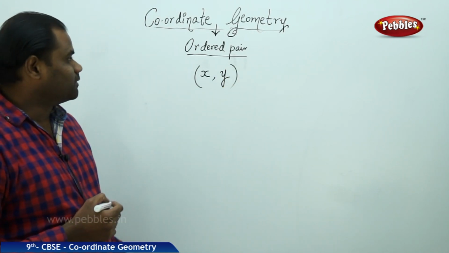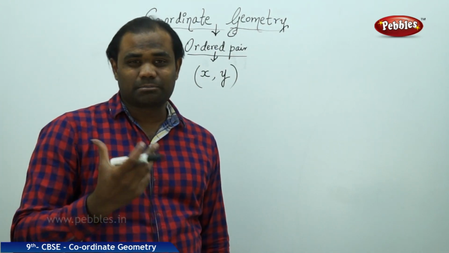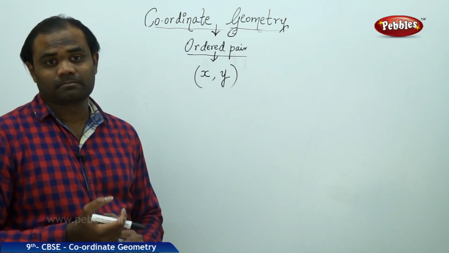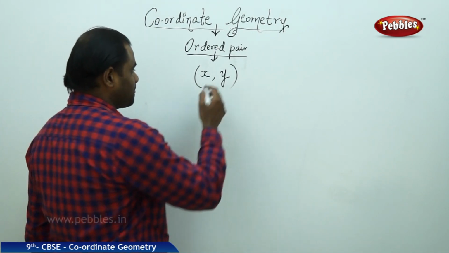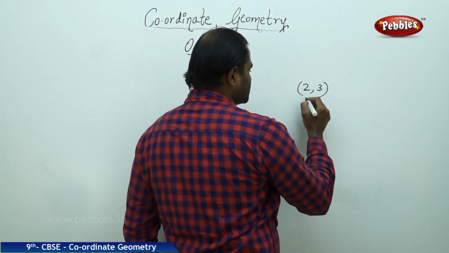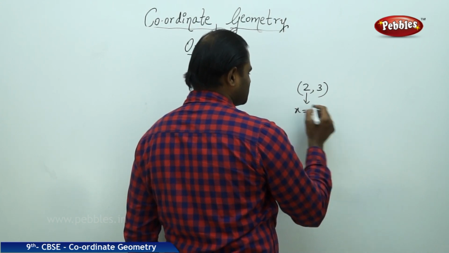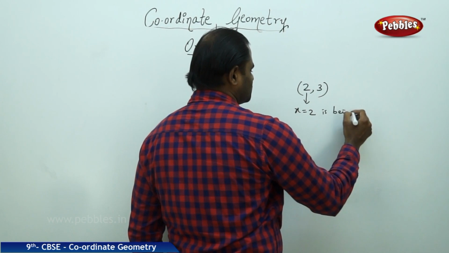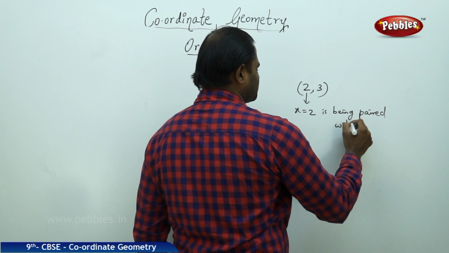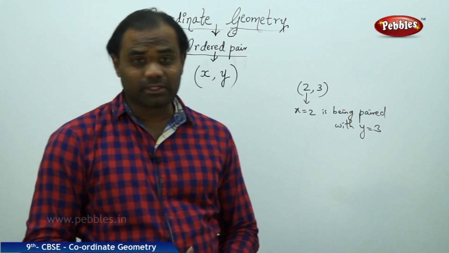So an ordered pair refers to the x and y coordinates, or the abscissa and the ordinate, taken in brackets paired together. That is, when I take a point (2, 3), it indicates that x equal to 2 is being paired with y equal to 3, and they are associated with each other.